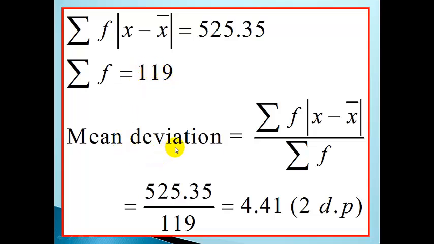So the mean deviation is equal to summation f times modulus x minus x bar divided by summation f, and that is 525.35 divided by 119, and the answer is 4.41 corrected to 2 decimal places. That is the mean deviation from the frequency table.